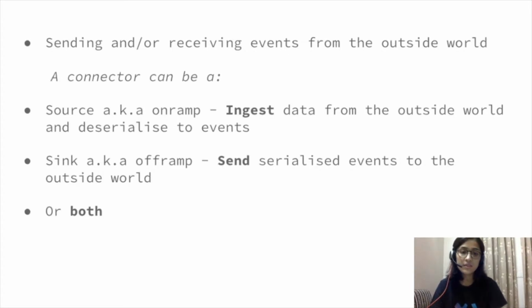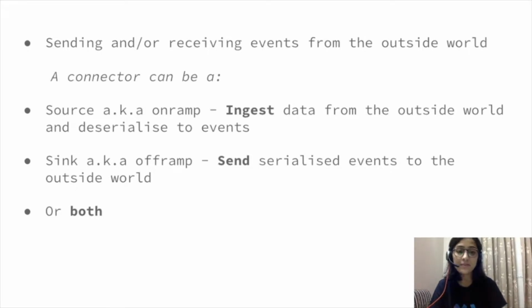A source, or on-ramp, specifies how Tremor connects to the outside world in order to receive from external systems, whereas a sink or off-ramp specifies how Tremor connects to the outside world in order to publish to the external system.